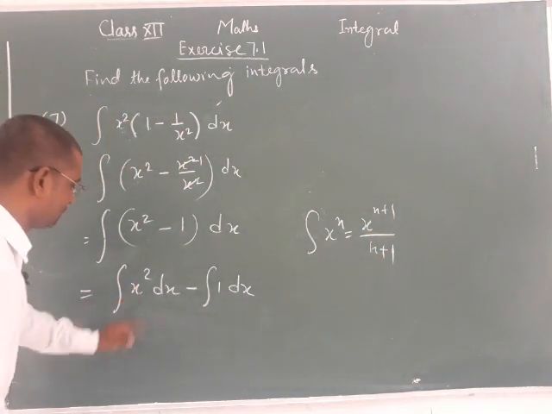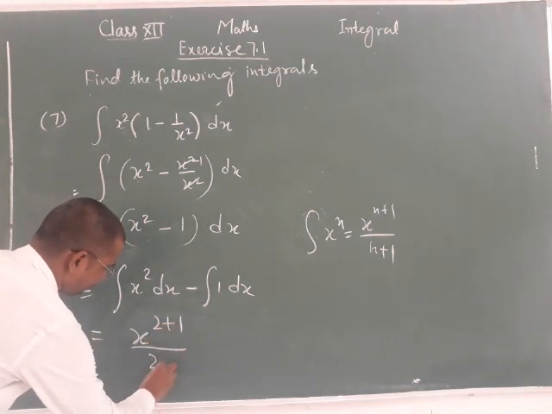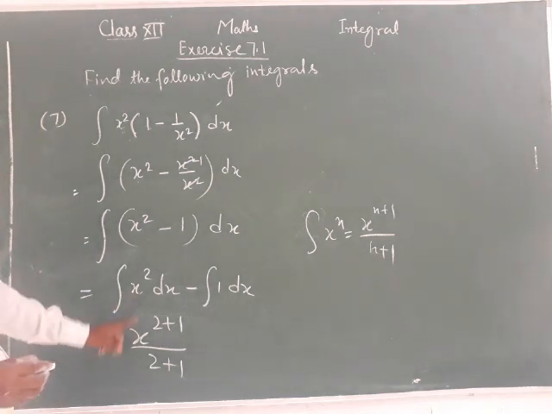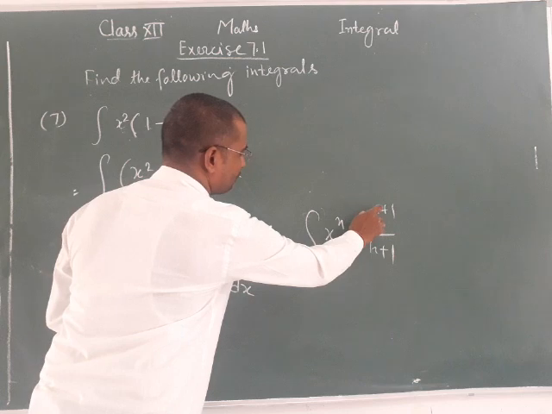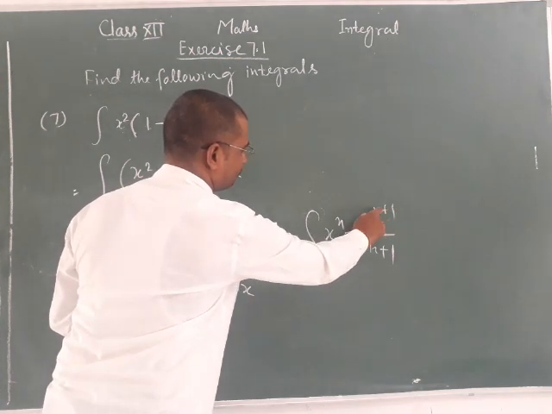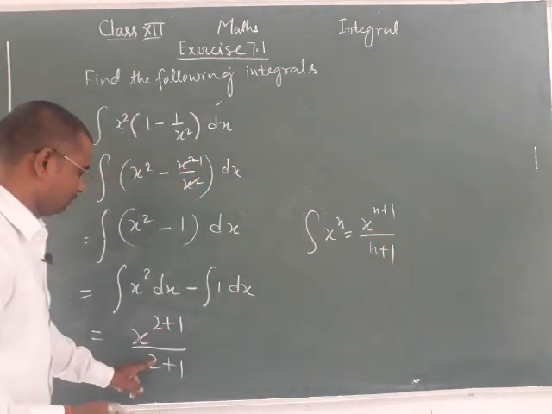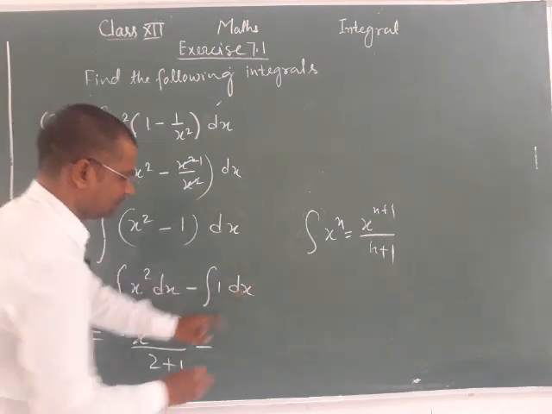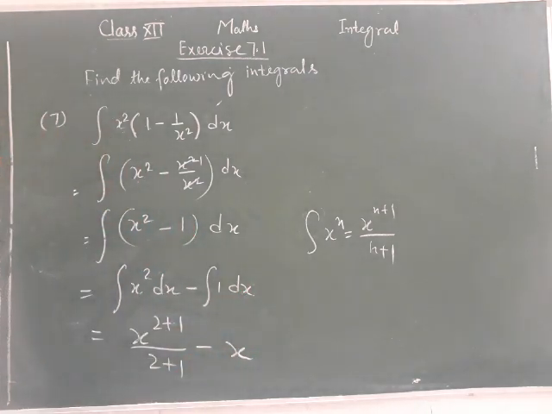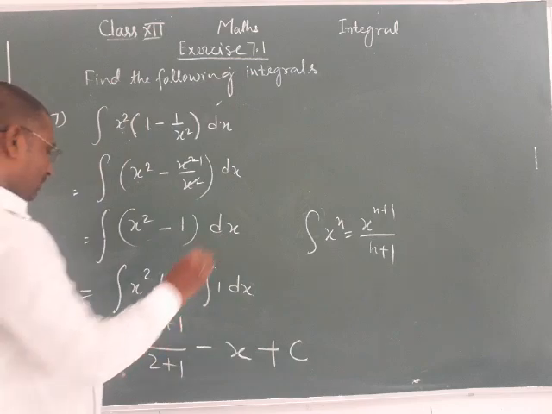Now here n is equal to 2, so x power 2 plus 1 upon 2 plus 1, and the integration of dx is x, plus arbitrary constant c.